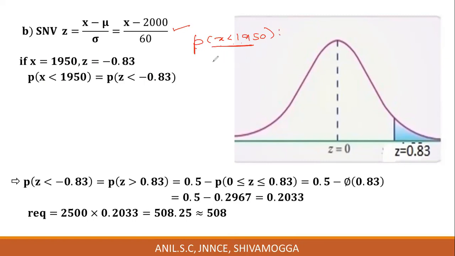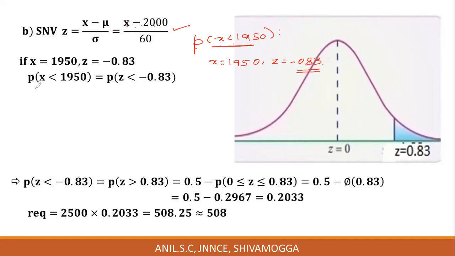What will be the value of Z when x is equal to 1950? It is 1950 minus 2000, that is minus 50, divided by 60. It is minus 0.83.